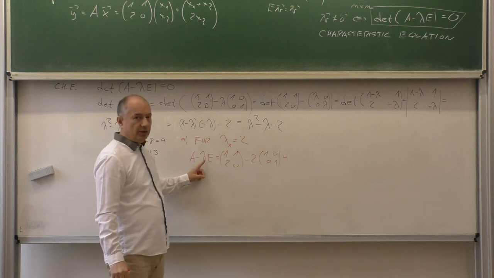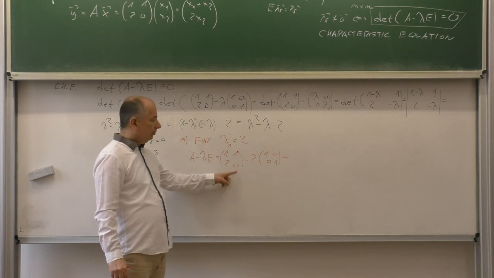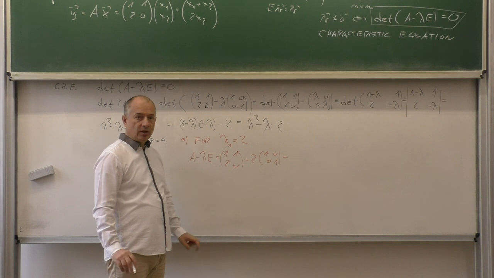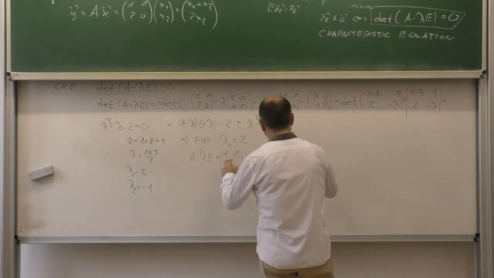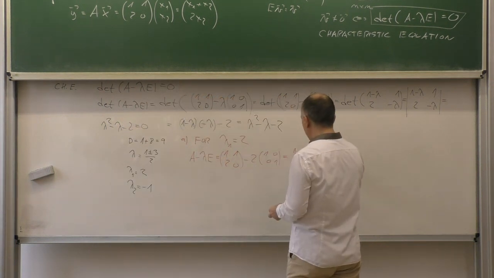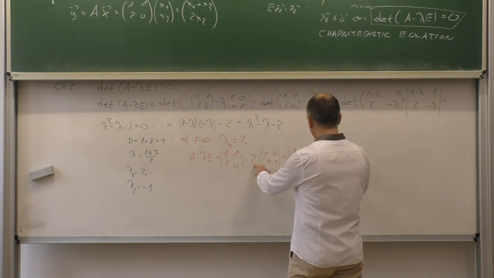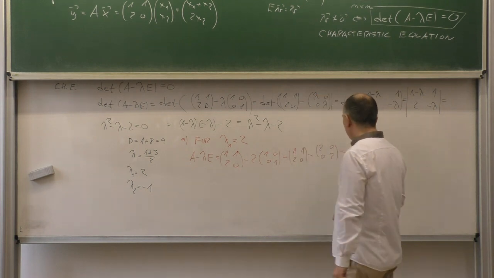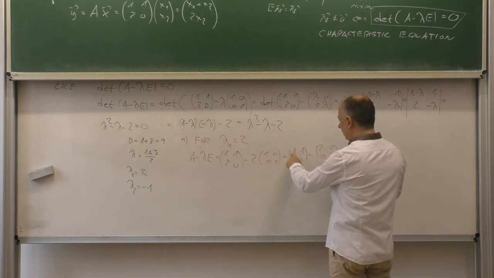This means that we subtract lambda from the entries on the main diagonal and we leave the other terms unchanged. So if I go this slow way, 1, 1, 2, 0 minus 2, 0, 0, 2. So you see, we subtract 2, the eigenvalue, from the entries on the main diagonal.